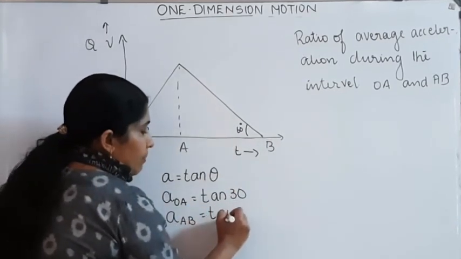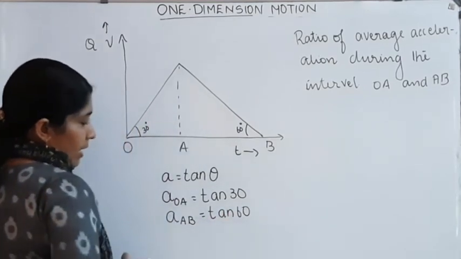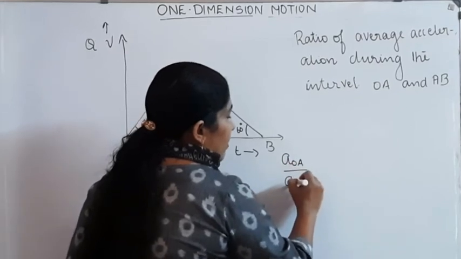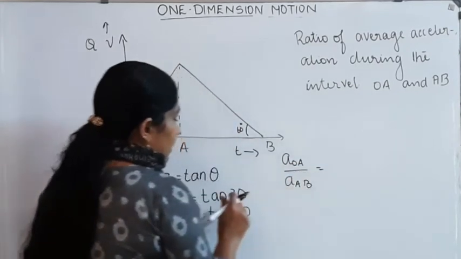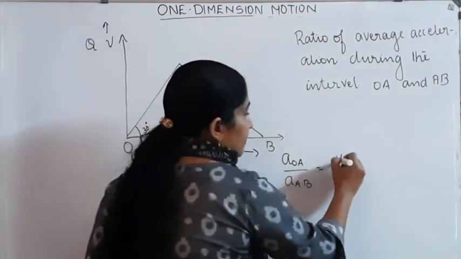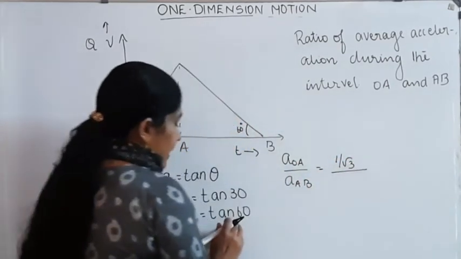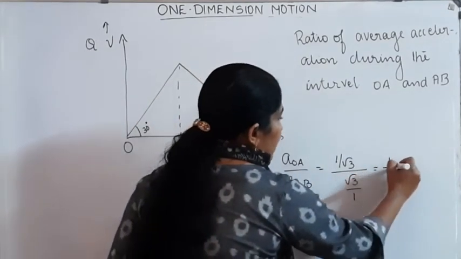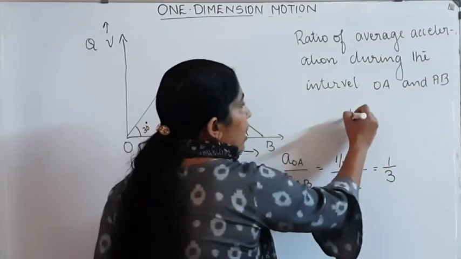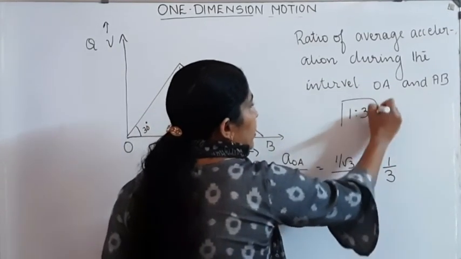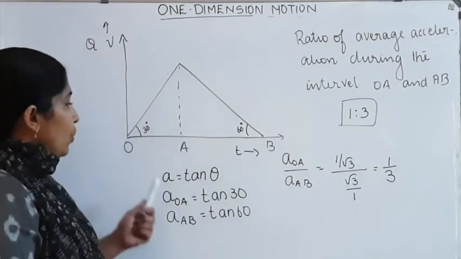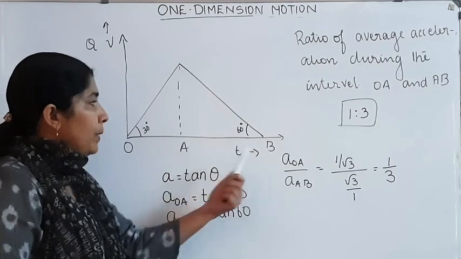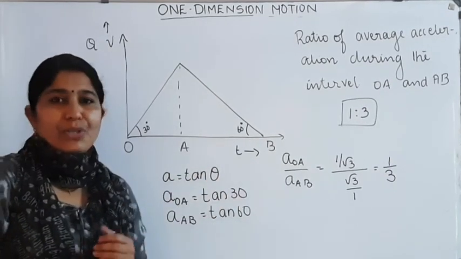Then a_OA divided by a_AB is equal to tan 30 divided by tan 60. Tan 30 is equal to 1 by root 3 and tan 60 is equal to root 3 by 1. Therefore, the answer is 1 by 3. Then the ratio will be equal to 1:3. Ratio of acceleration in the interval OA and AB is 1:3.